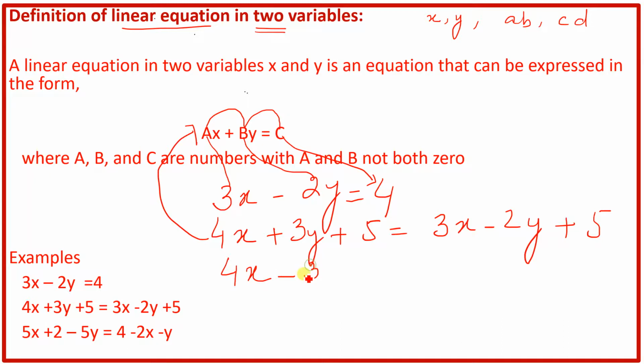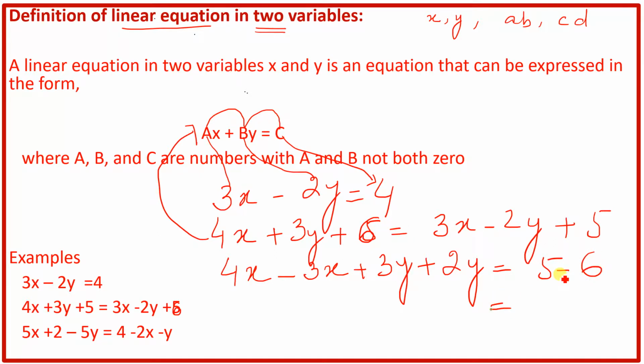It will come to the left hand side of the equation and the sign will change. 3y, and this is minus 2y, with the negative sign it will be positive 2y, and on the right hand side we have a positive 5.